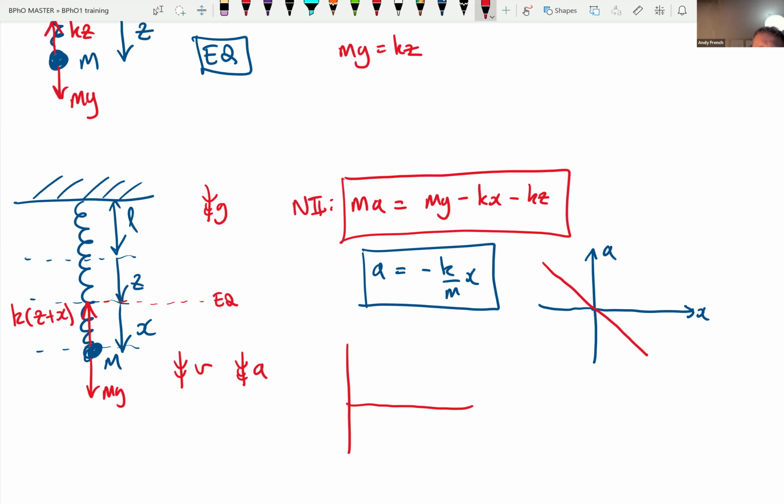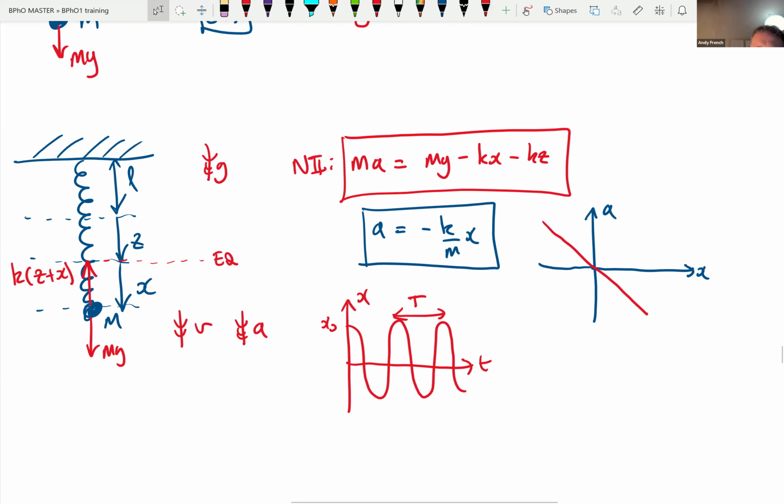We could do some integration here, but we don't have to. But we do need to do some differentiation. So let's assume that our displacement versus time is a cosinusoid. So x naught, and there's our period. We're going to assume that x goes as x naught cos 2 pi times the number of periods.